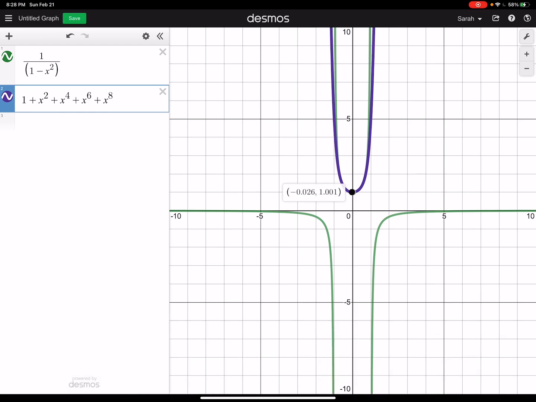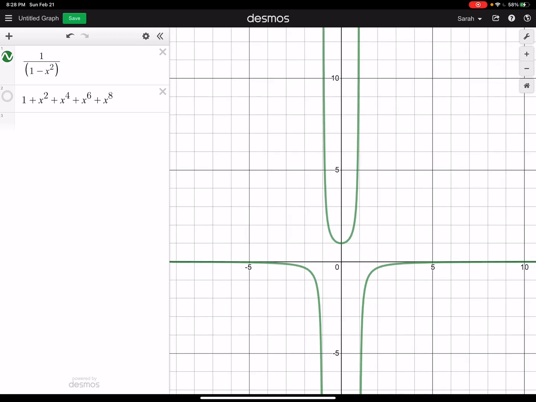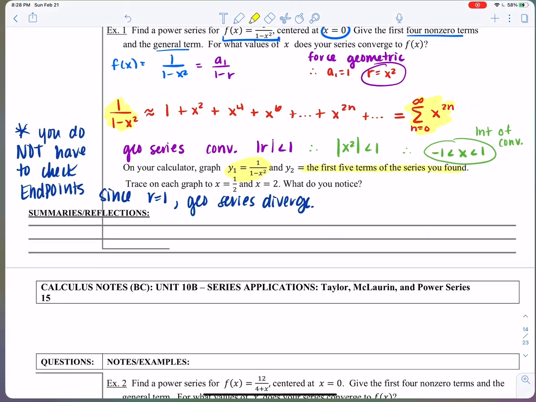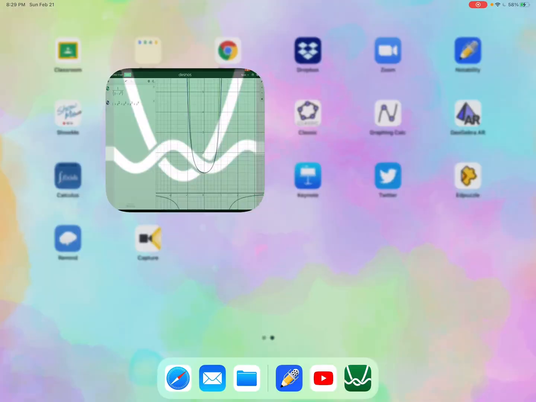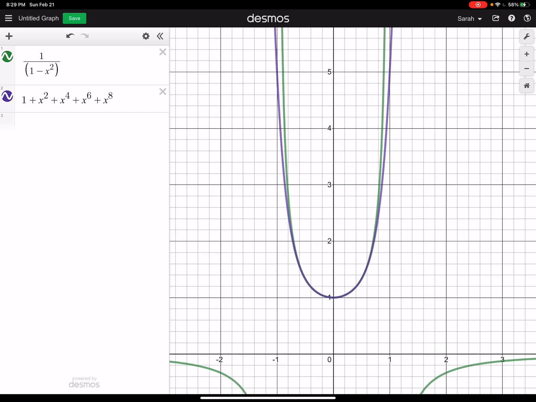Let's trace some values here, okay? Now, I can see, here's my green graph. Look where the purple graph ends up on top of it. Here's what's even cooler. Do you know how we said that the interval of convergence was from -1 to 1? Trace some values on this graph with me.